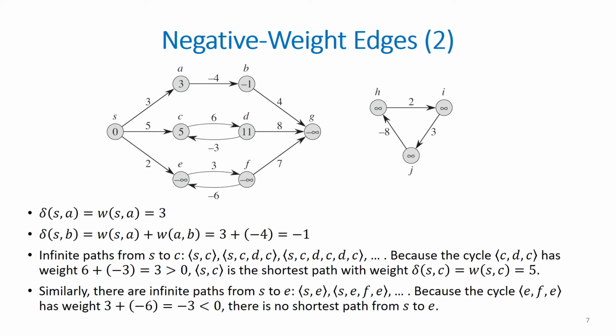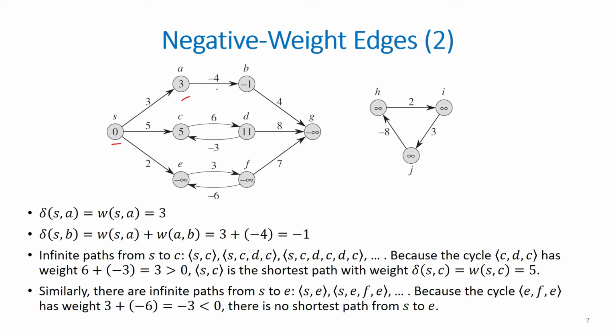In this example, we have a partitioned graph labeled from A to J. In the subgraph on the left, the shortest path from source vertex S to A is obviously 3. The shortest distance from S to B is 3 plus minus 4, which is equal to minus 1.